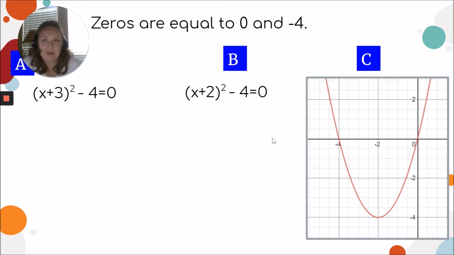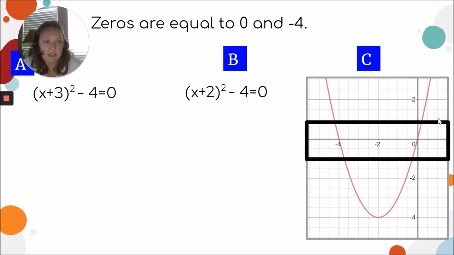Try this next one. We're looking for 2 truths and a lie, where zeros are equal to 0 and negative 4. So let's start with the graph. Here is where I can find my x-intercepts. This is where my roots, or also called my zeros, are. So I see negative 4 is one of them, and 0 is the other.